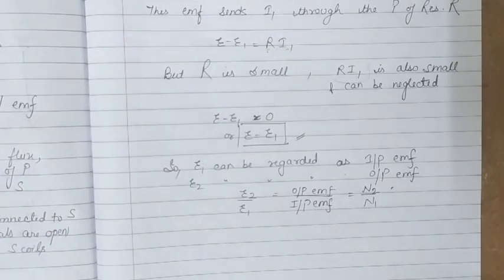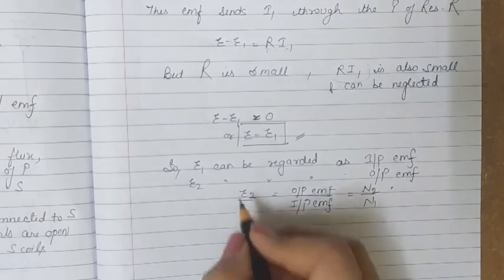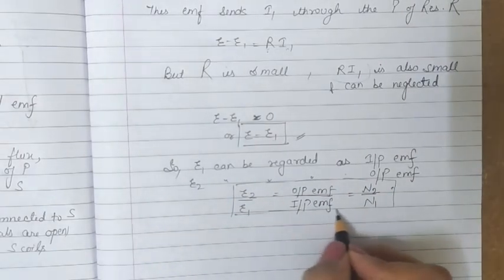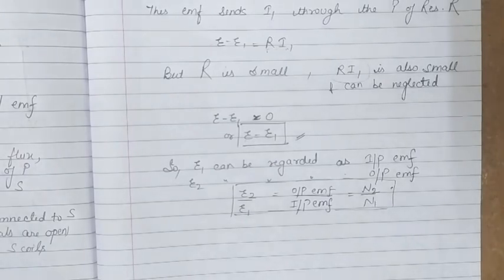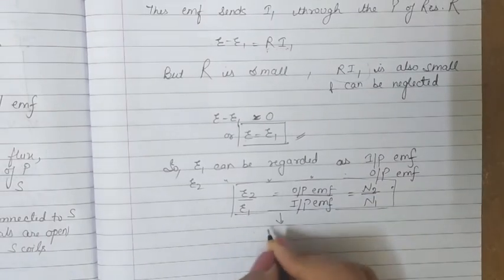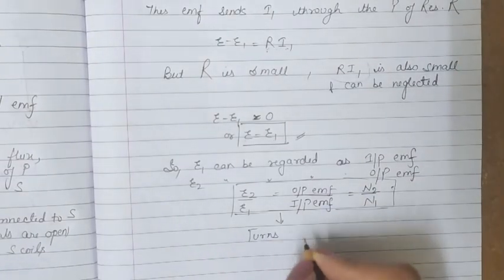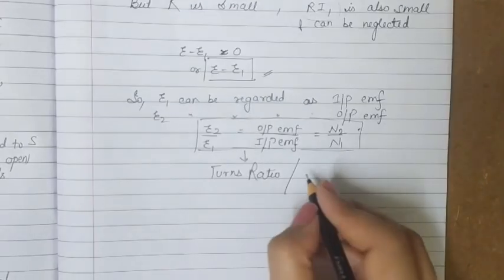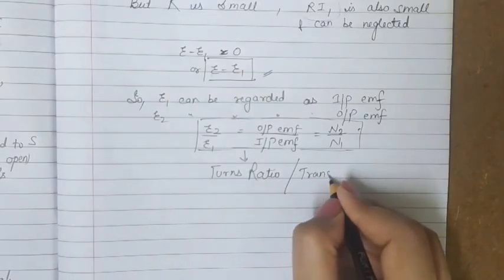So this is the main condition: the ratio of number of turns N2 upon N1 is equal to the ratio of output EMF to that of input EMF, and this ratio is called the turns ratio, or sometimes also called the transformer ratio.